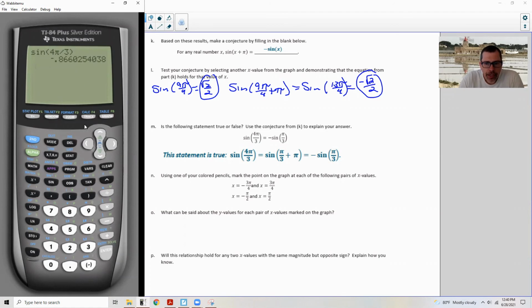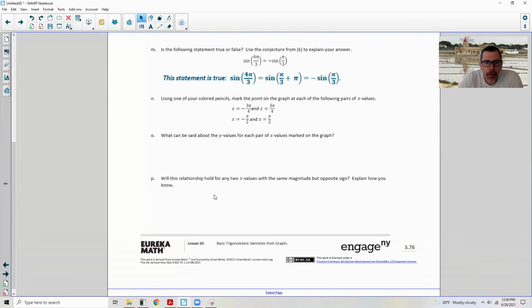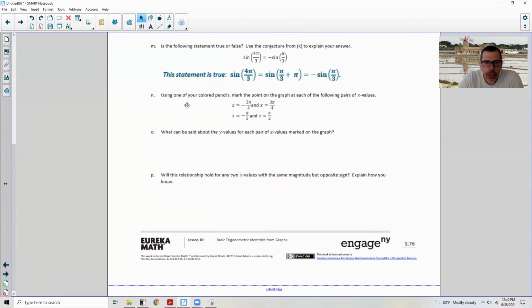And then if I take the sine of pi over 3 and negate it, negative sine of pi divided by 3, I should get the same number. And that's true.